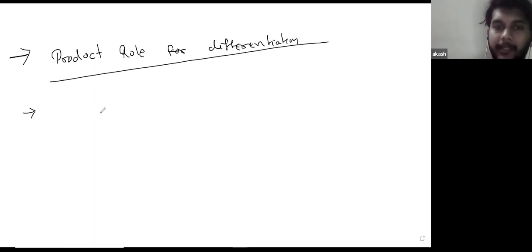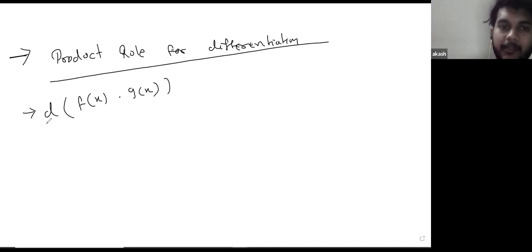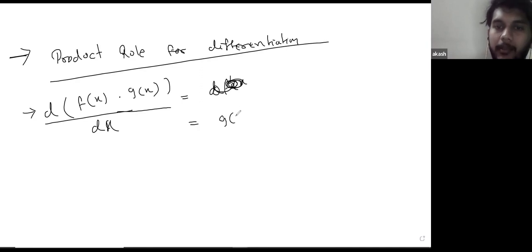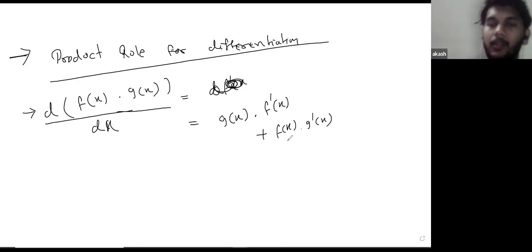If two functions are multiplied, f of x dot g of x, and they ask you to differentiate this function, what you can do is differentiate the first function, f dash x. So you will write g x into f dash x plus f of x into g dash x. What this means is first function into differentiation of second function plus second function into differentiation of first function. Very simple formula.